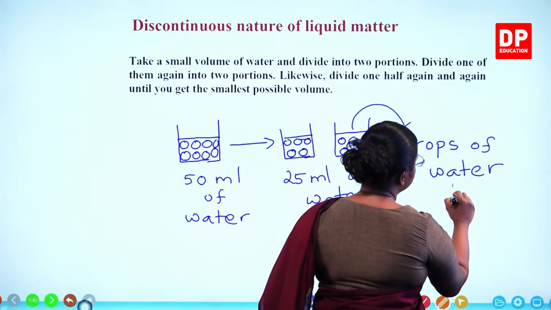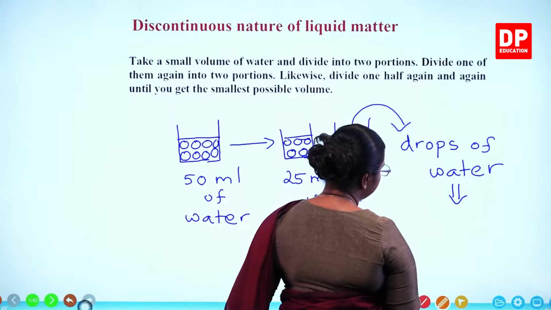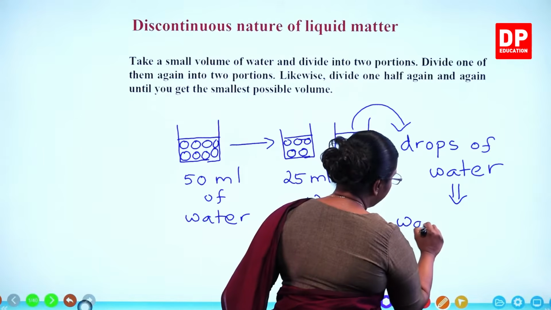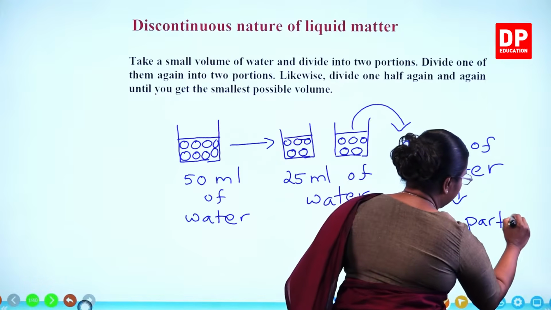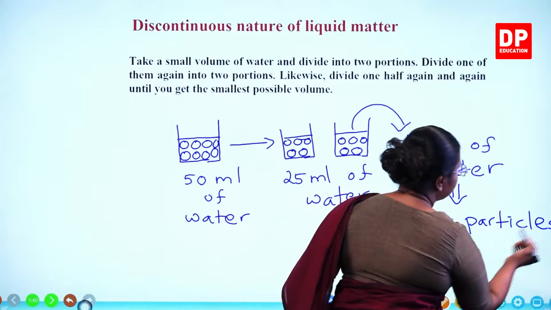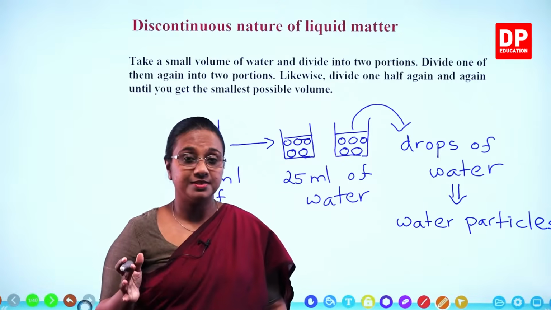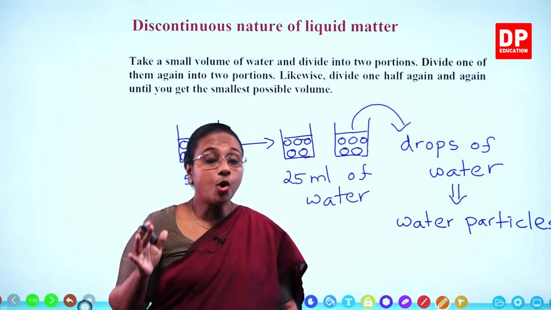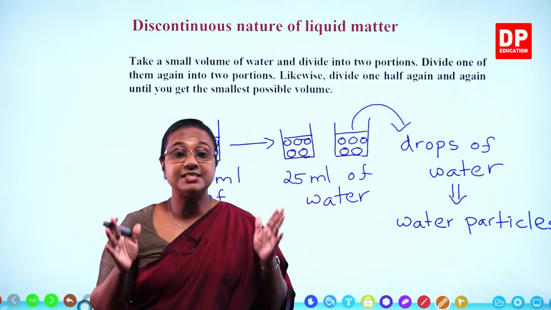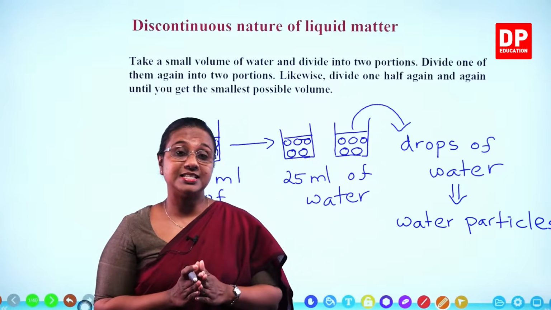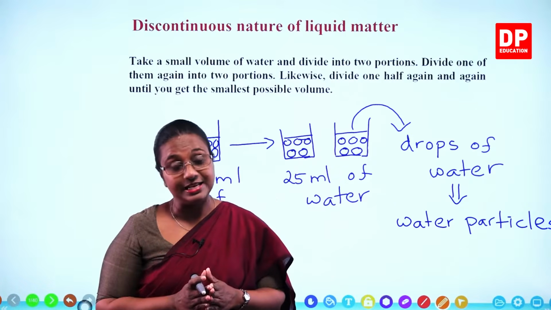So even this drop of water can be further divided into water particles. And within the water particles, there will be space. So that means water is made up of particles. It has the discontinuous nature or the particulate nature.